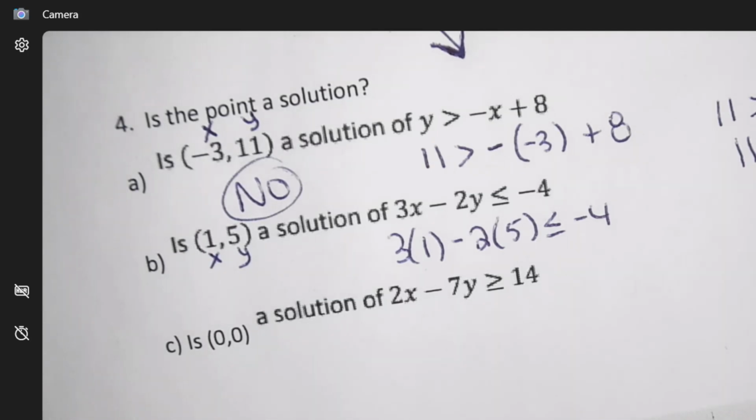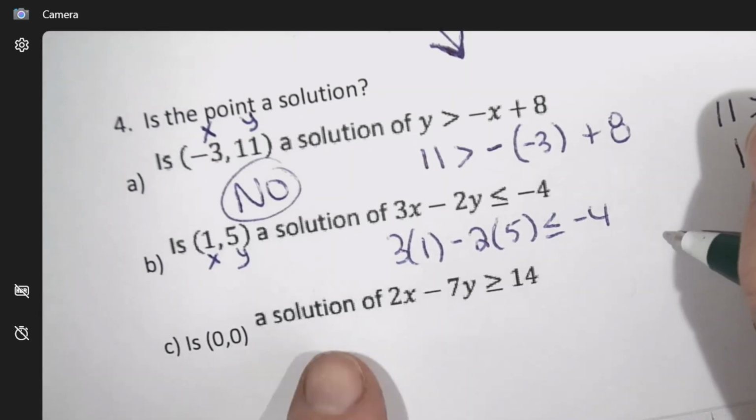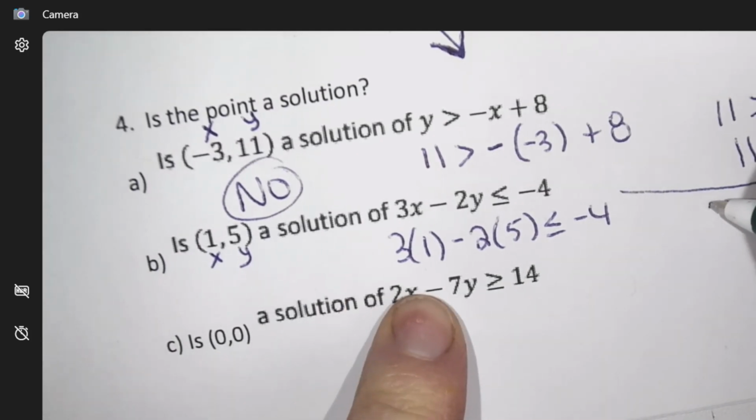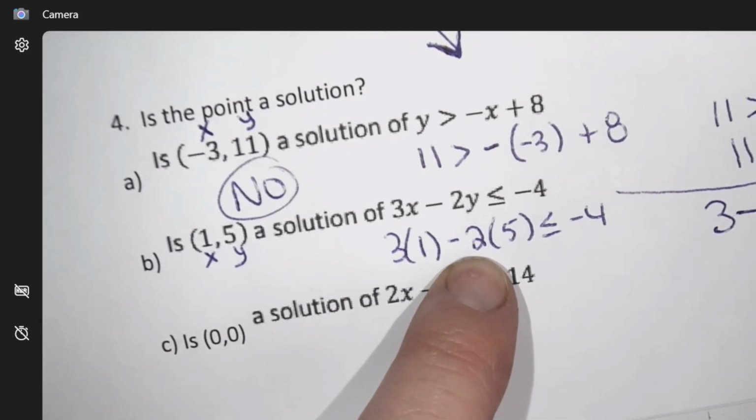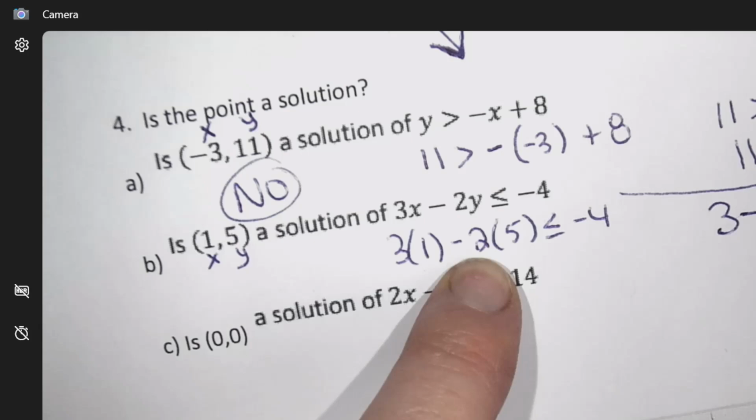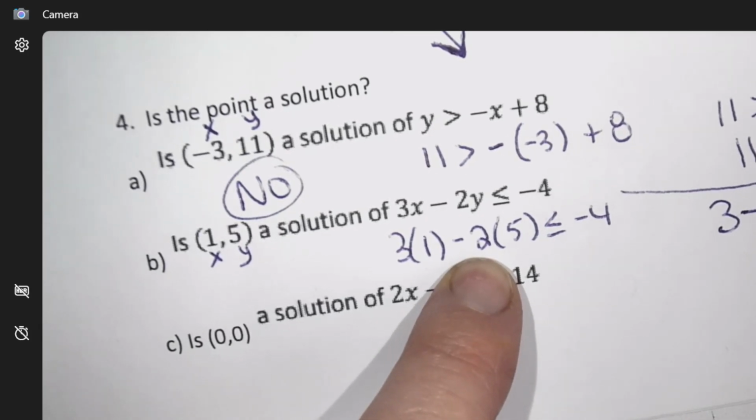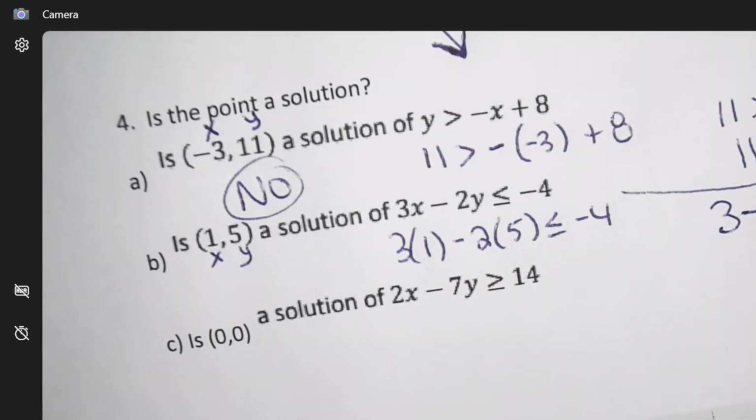Okay, my math is 3 subtract 10, which is negative 7. Is negative 7 less than or equal to negative 4?